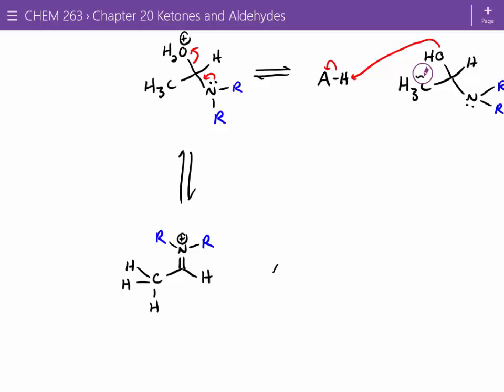So the next step is, if we've got our conjugate base, we can show it stealing one of these protons, which will clamp down and push electrons up. So it's almost like a Jacob's ladder.